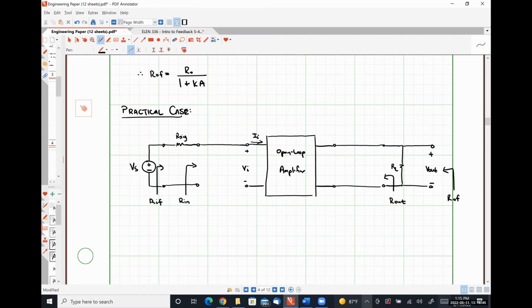Down below here, we have our feedback network. Where across the input terminals of our feedback network, we have our output voltage V out. We know that this feedback network should be connected in parallel to this set of terminals.